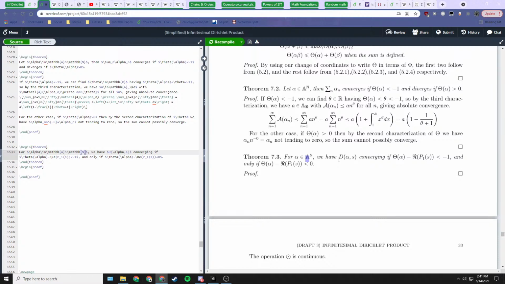Okay, yeah, so if we have this, what we want to say is that this will converge if this theta alpha is less than minus 1, and it'll converge only if this is less than 0. Dirichlet inception, indeed, it's very inceptive. So this is one of the things we want to say.